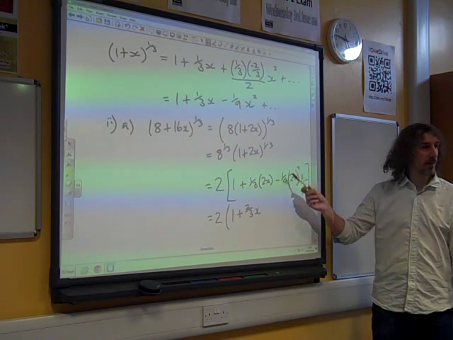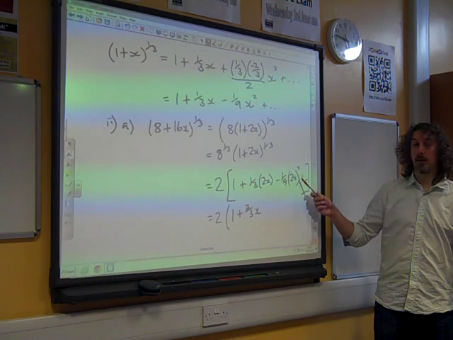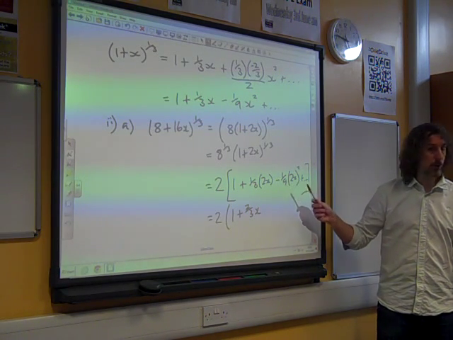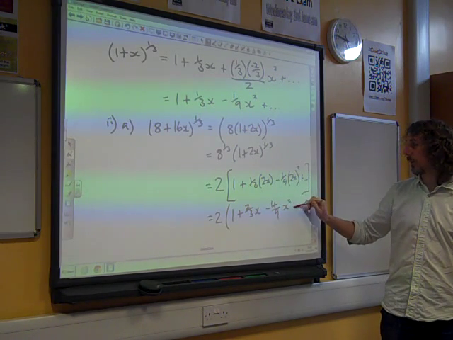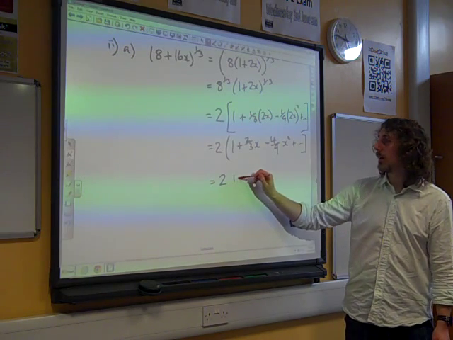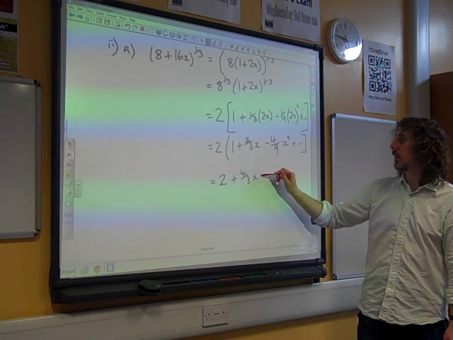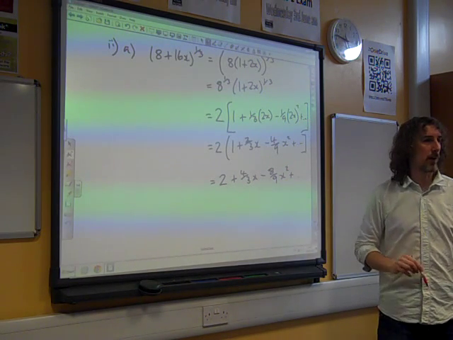And remember, the 2x would need to be squared, so it's 4x squared, so that's 4/9 of x squared. So it looks like that.